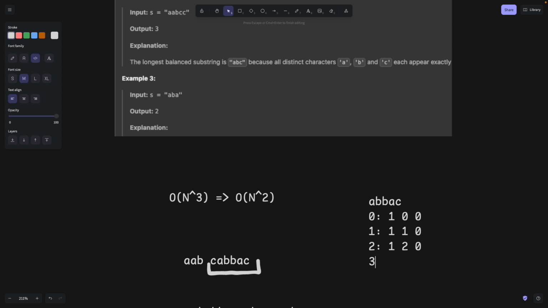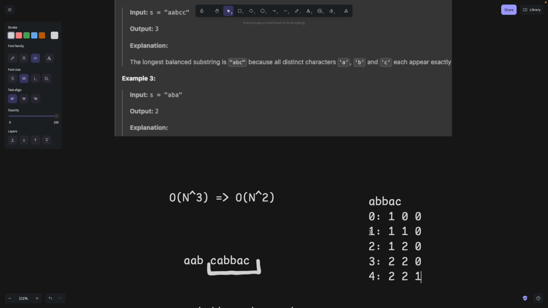And at index 3, it will be 2, 2, and 0. And at index 4, we have count as 2, 2, and 1.